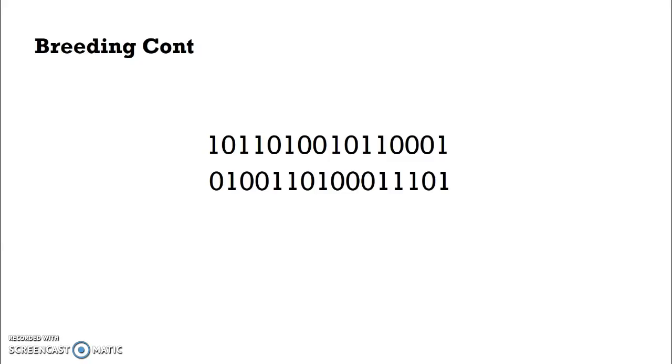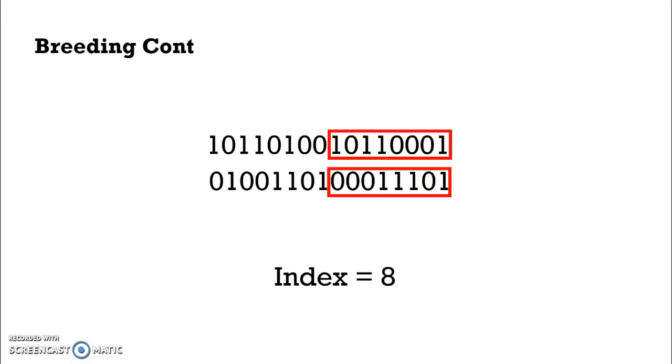Now, this goes through a process of crossover, and crossover can be done many different ways. The example I'm going to show you is a single point crossover. So, you choose one point on the binary string, for example, index 8 here, you can see I highlighted that, and you take those 2 values after that index, and you swap them with each other.